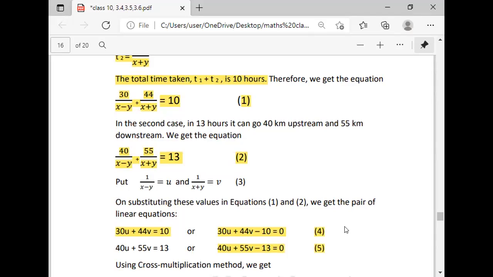Why have we taken the constant from the RHS to the LHS? For doing the cross multiplication method. Yes, for doing cross multiplication. That's why we have taken the constants from the right hand side to the left hand side.